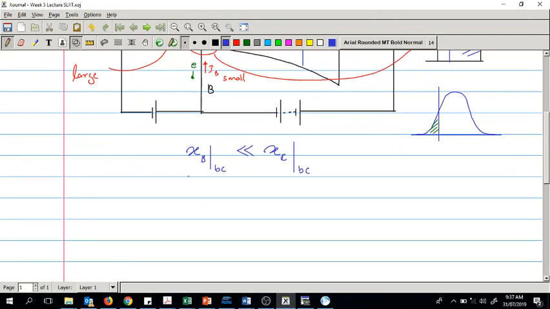That is because the doping concentration N of the collector is much smaller than that of the base, and that is smaller than that of the emitter. So the emitter has a very large doping concentration, the base has intermediate, and the collector has the smallest doping concentration.